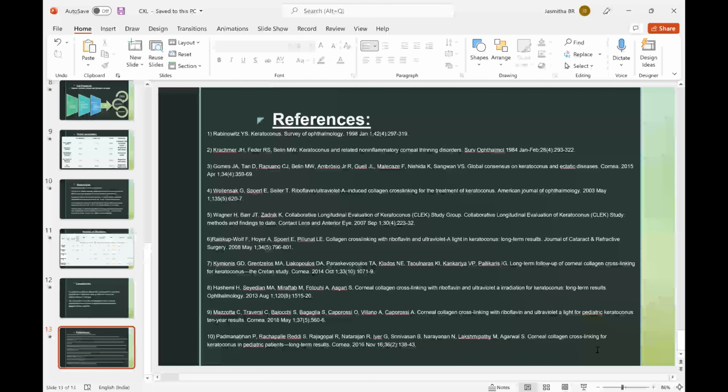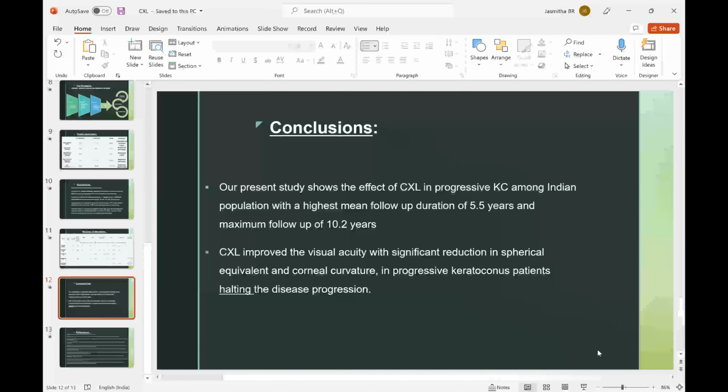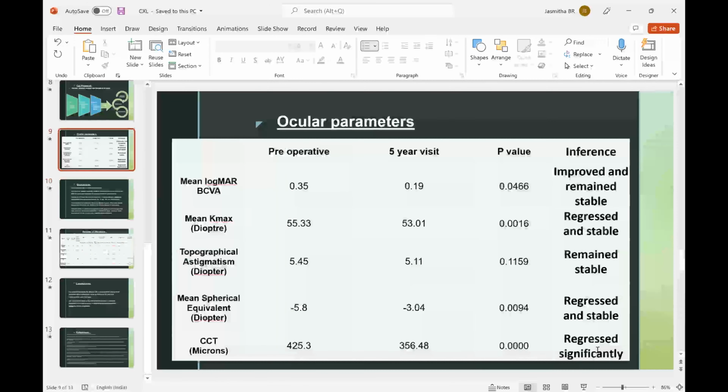Doctor, was there any progression in your study? Sir, there was one patient who showed progression after the 3rd year of postoperative duration, whom we followed up for up to 5 years. However, the patient did not show further progression.